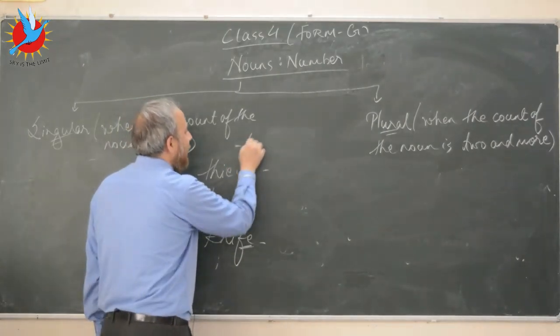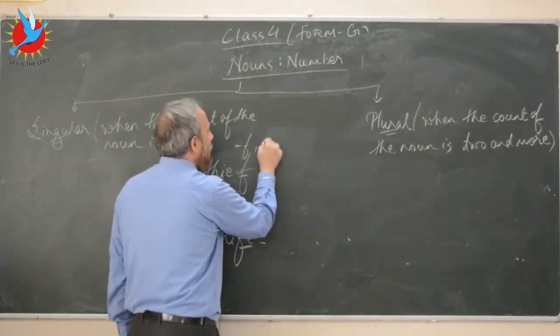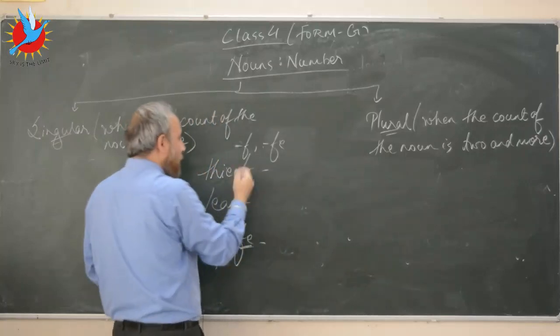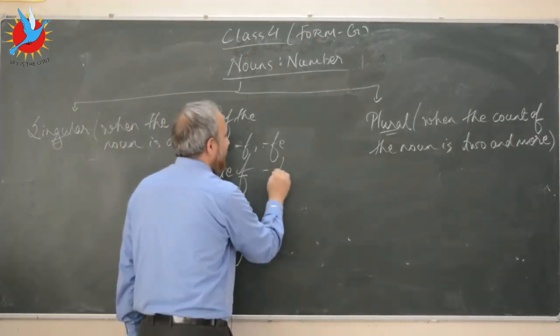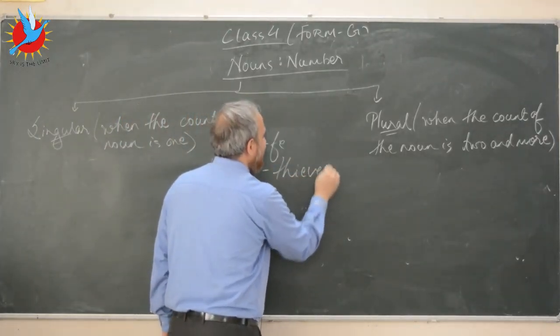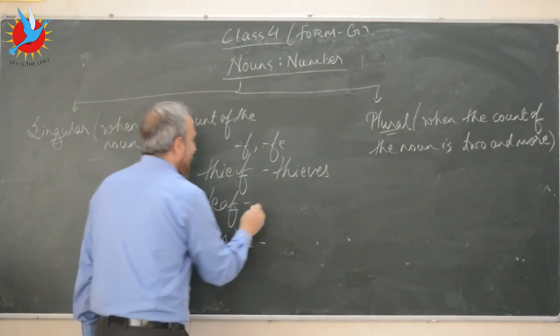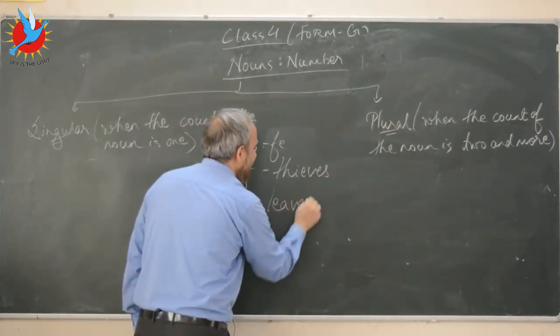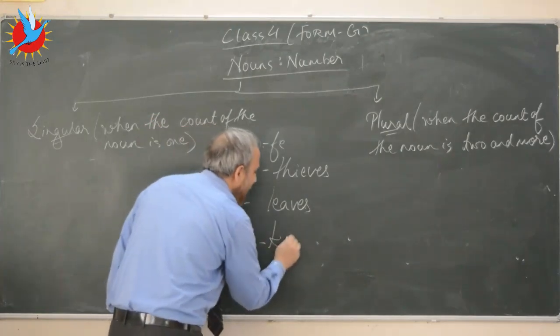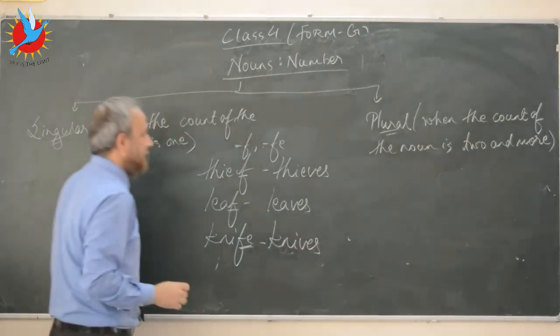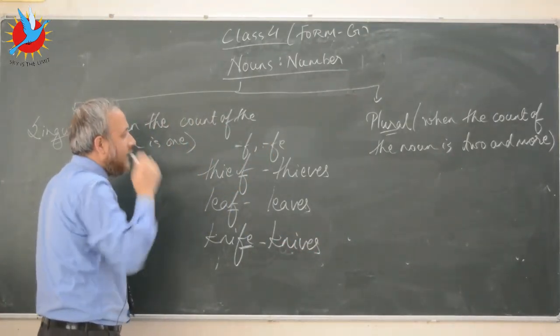So if you have words that end with F or FE, how will we change it? Thief will become thieves, leaf will become leaves, and knife will become knives.